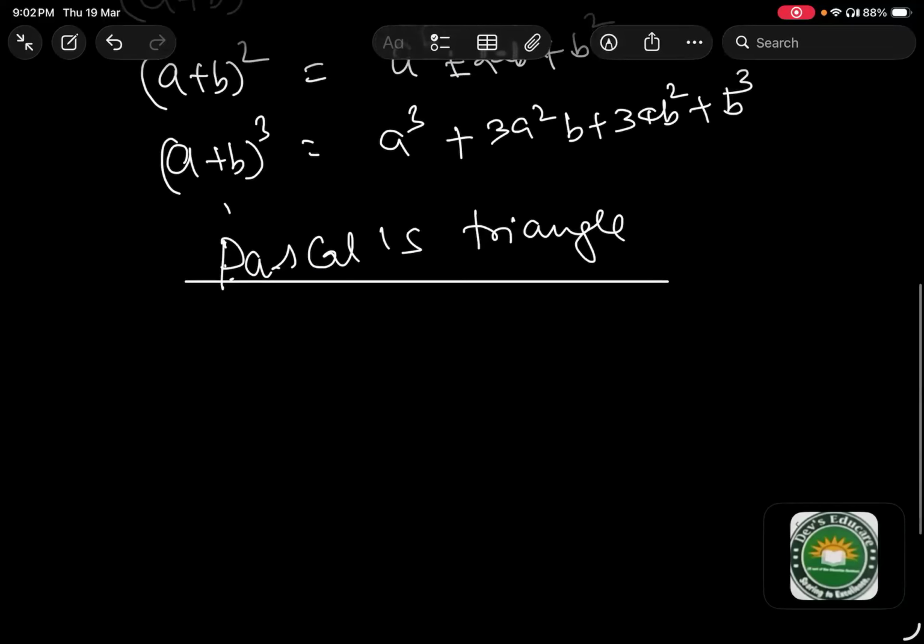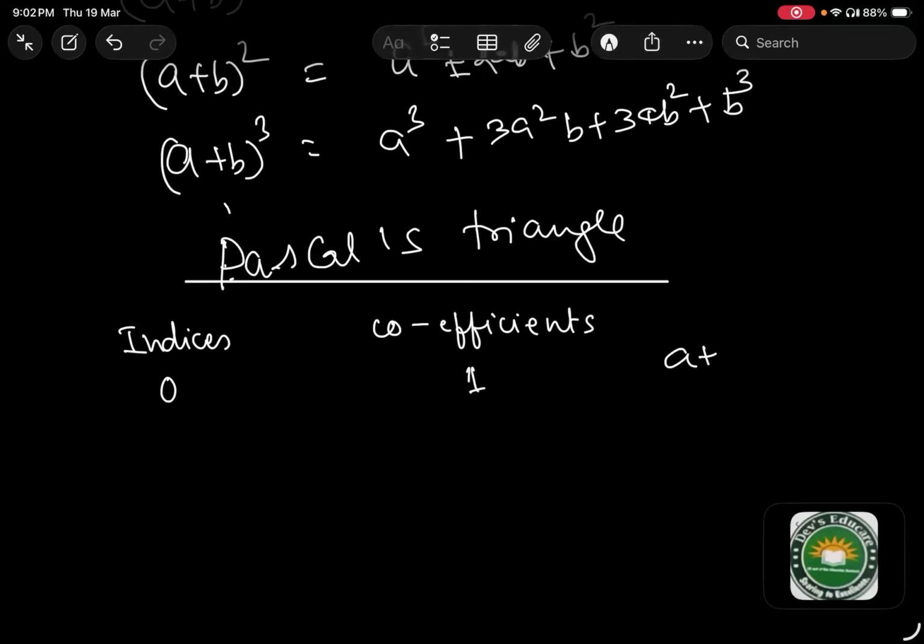So here we are taking indices or power, and this is coefficients. Okay. So if the power or indices is 0, then it is 1. As we know that a plus b to the power 0, anything to the power 0 is 1. Okay. And if the power is 1, then coefficient will be 1, 1.